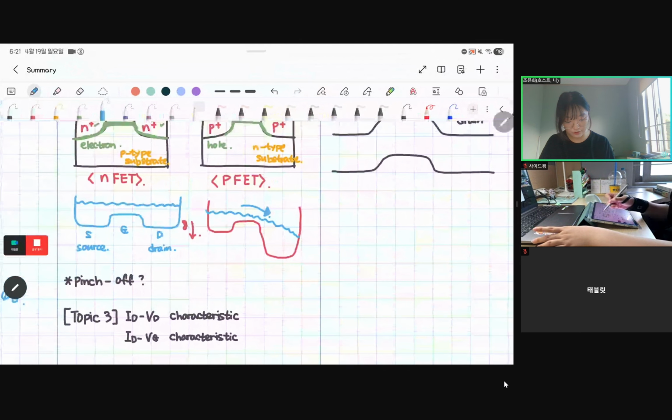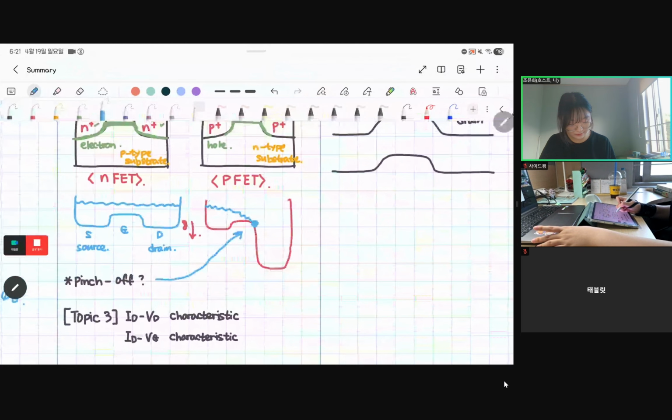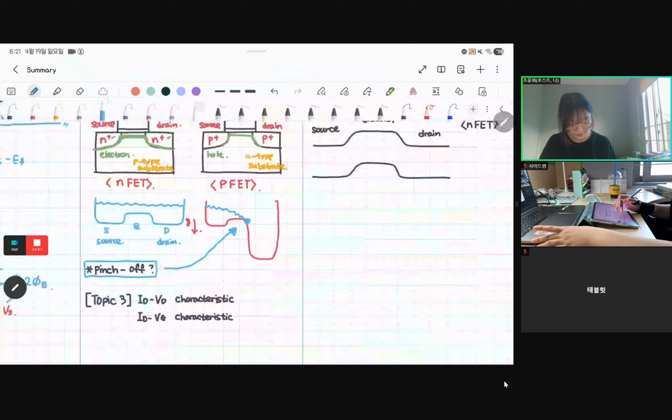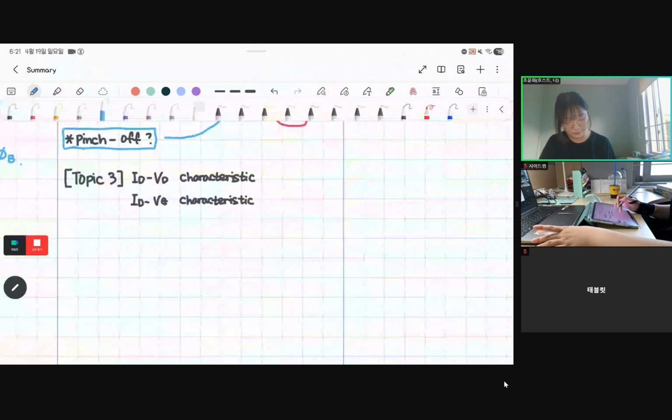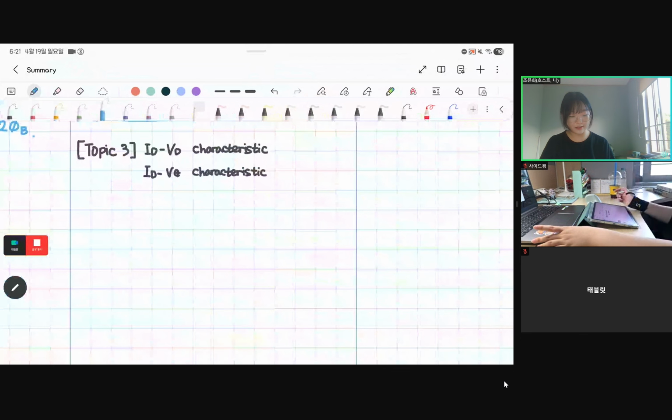But when the drain bias goes up and up, this flow is stopped like this. We call this situation pinch off. We can explain this phenomenon using the ID-VD characteristic.